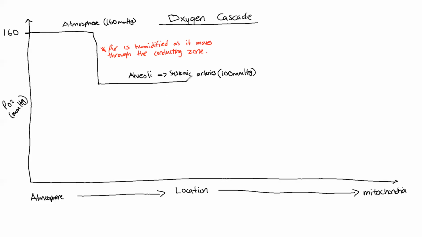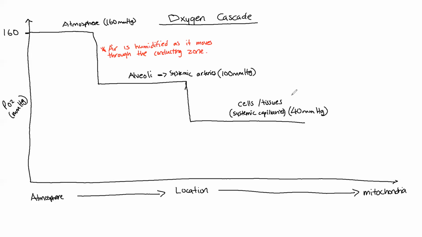Okay. We then see another drop off as we get down to the cells and tissues at the level of the systemic capillaries. So we see another drop off here. And so this is at the level of our cells and tissues, in other words, our systemic capillaries. And here it's about 40 millimeters of mercury.